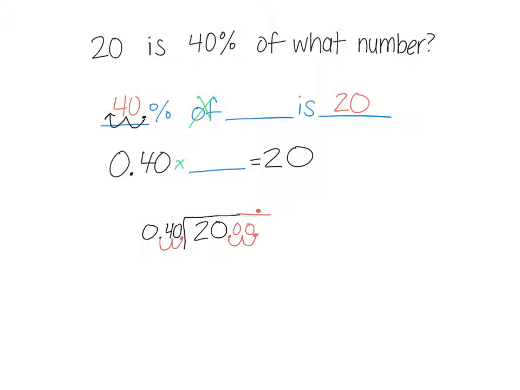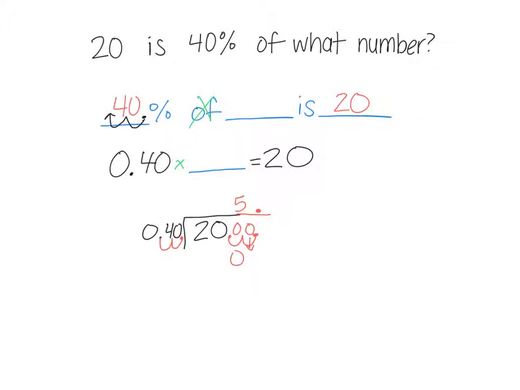Now I will solve. 40 does not go into 2, 40 does not go into 20, but 40 does go into 200 5 times. 40 times 5, well, I know 4 times 5 is 20, add a 0, so 40 times 5 would be 200. I'll take away 200 from this 200, which means I'd have 0 left over.